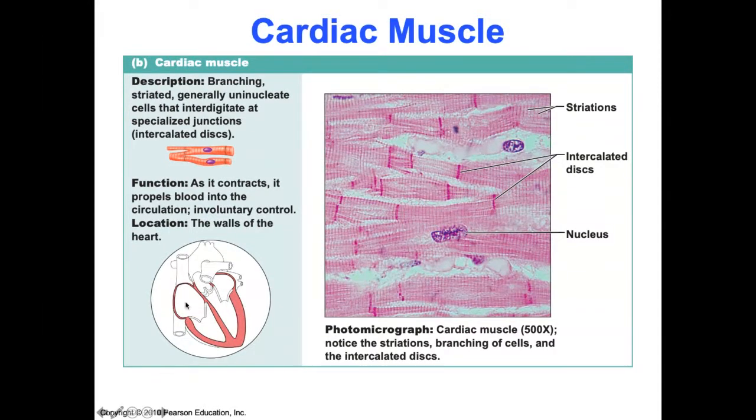When we look at the heart, we have the two upper chambers that are the atria and the two lower chambers that are ventricles. Both atria contract at the same time, and both ventricles contract at the same time. How do these chambers know to contract in sync and in harmony? It's because of the gap junctions. These cells communicate with each other super fast.